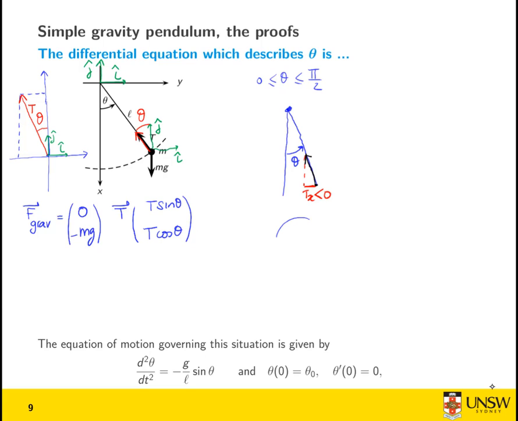At the same time, since theta is between 0 and pi on 2, sine will be positive. That means that T sine theta is positive and you want something negative, so you need to add a negative sign at the front. Now let's just double check that this also works when the pendulum is on the left of the position of equilibrium.